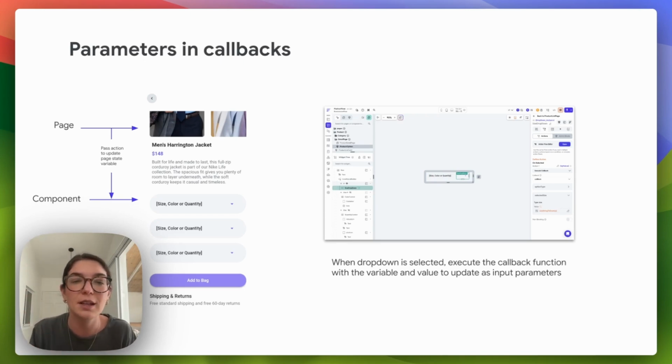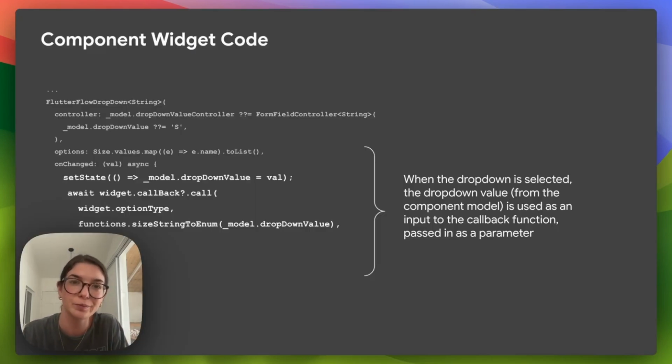So in this example, let's say that I want page state variables to track what the user has specified for product, like the size of a product, the color, or the quantity. I can pass in a callback action or function that's going to update the page state variable. And this callback can itself take input parameters like the variable name or type or the value that it needs to update to.